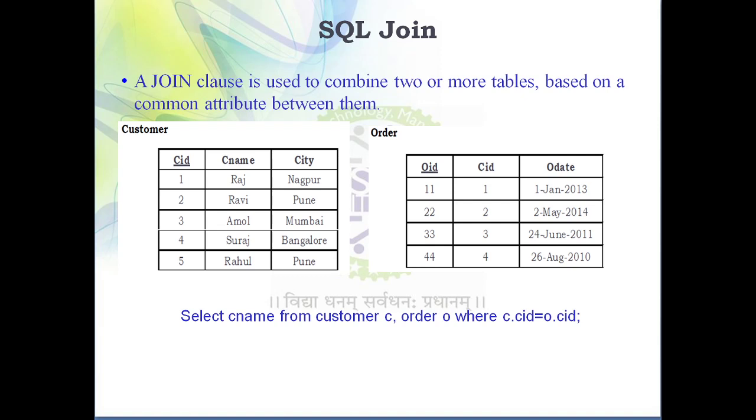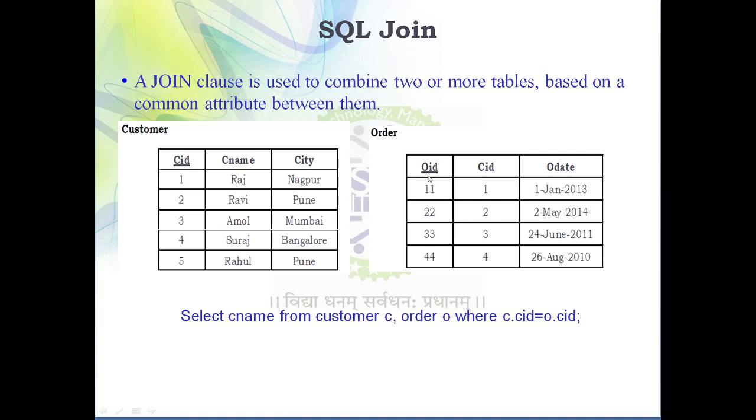The customer table can give me the customer name, but how can I come to know whether that customer has placed an order or not? That detail I get from the order table, because in the order table I get the order ID and in front of it a customer ID, which tells which customer has placed which particular order.